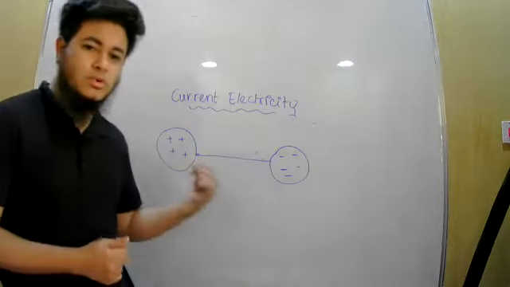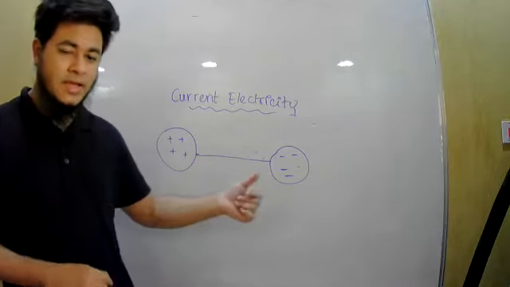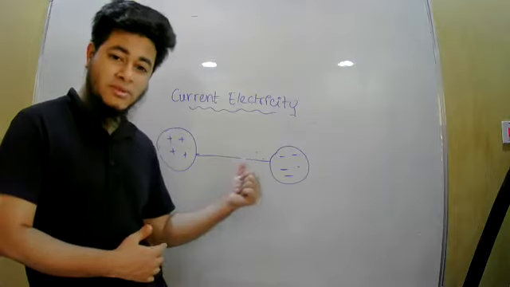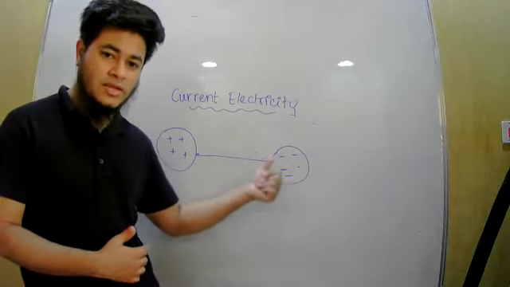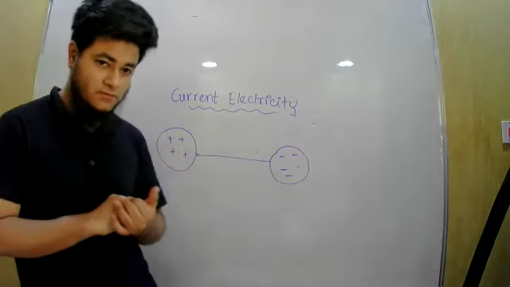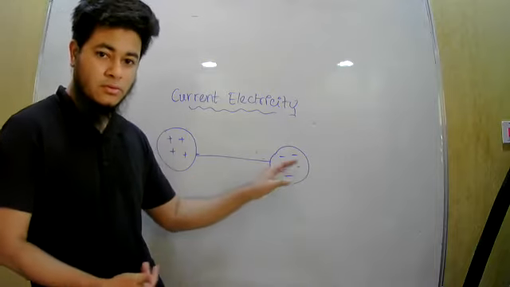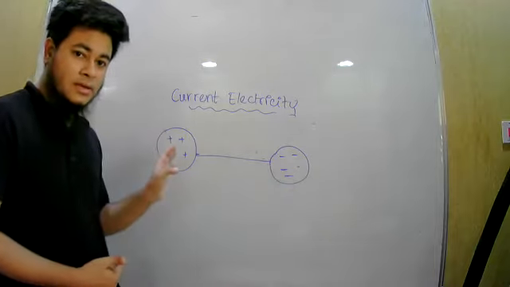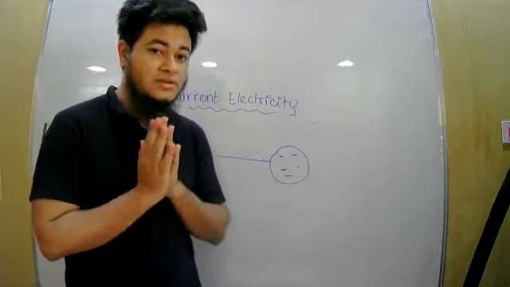But what we got to know here is that the flow lasts till the potential difference becomes zero. As soon as you connect them, what will happen? The charge will start flowing from the negatively charged body to the positively charged body. The electrons will start flowing. As it is losing the extra electrons, the potential difference will start decreasing.